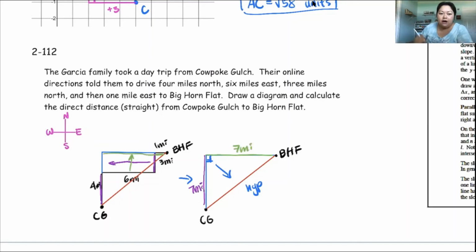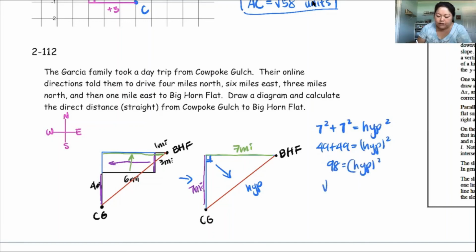All right, so now how far away is Cowpoke Gulch to Big Horn Flat? Well, it's 7 miles squared plus 7 miles squared equals the distance I'm looking for, the hypotenuse squared. So 49 plus 49 equals hypotenuse squared. That's 98.